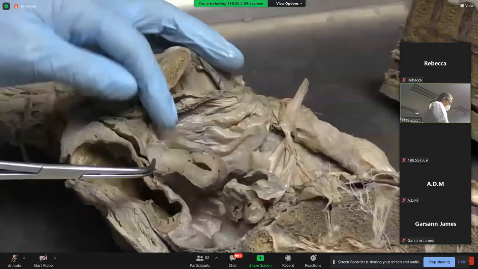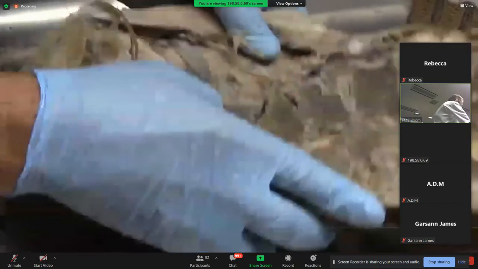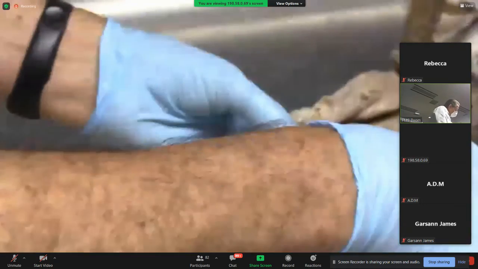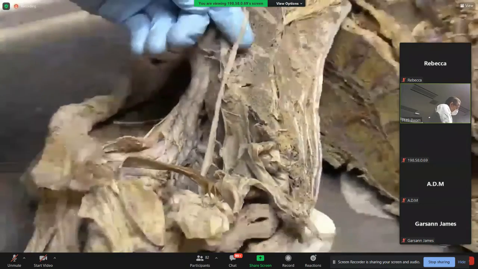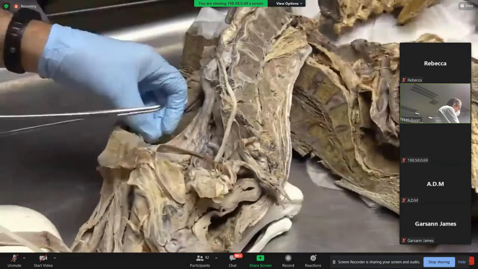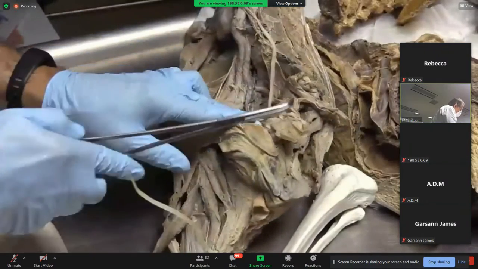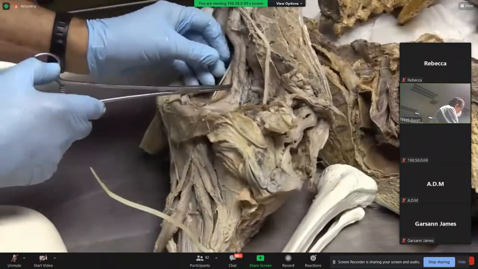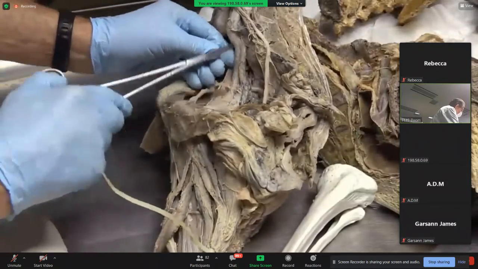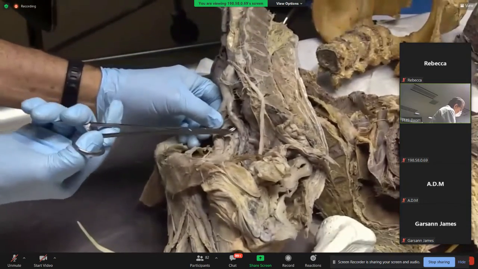I want to show you here the second one, the female, so that we can actually see how the uterine artery comes off the internal iliac. So this is the external iliac. This is the common iliac here. The external iliac is a little bit tortuous in this elderly lady, and this is the internal iliac.